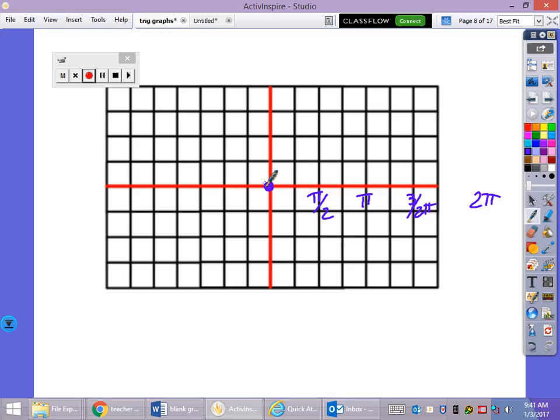At pi over 2, which is 90, okay, I have 4 fingers up. The square root of 4 is 2 divided by 2 is how much? It is 1. So at pi over 2, it's at 1, right? Okay, and then it's going to dip back down to 0, and then it's going to hit at -1.